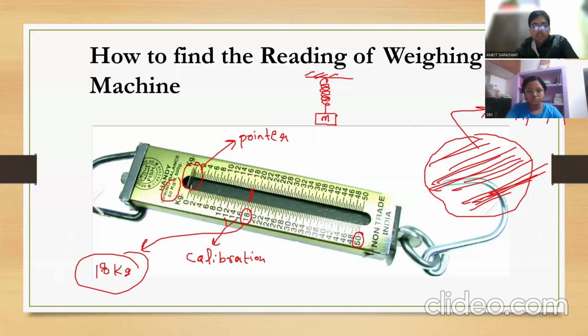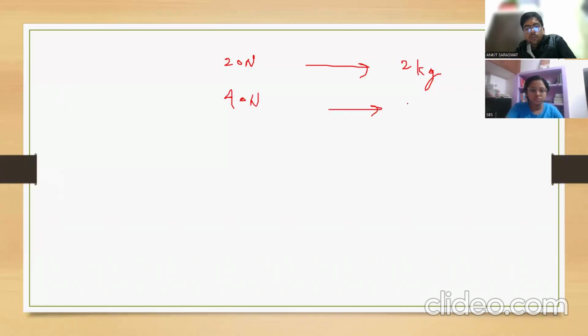So actually what we are doing is we are going to calibrate. If you look carefully, when the downward force is 20 Newton, the spring force is this much, corresponding to 2 kg. Clear? 40 Newton corresponds to 4 kg.